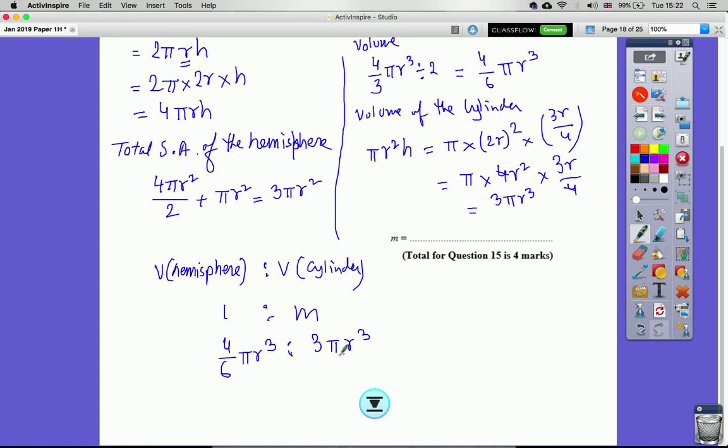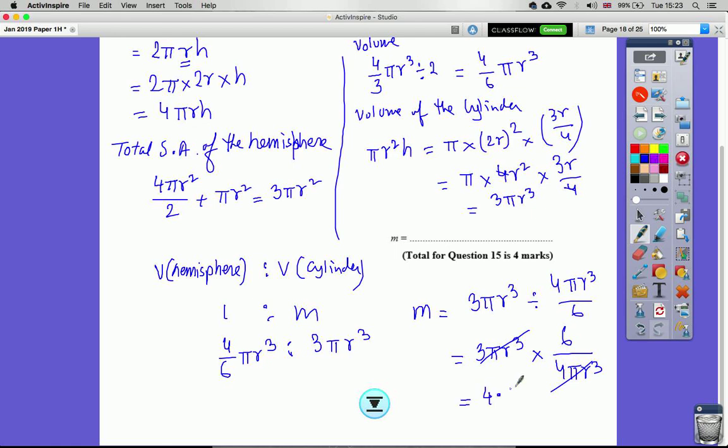If I want to find out the value of m, I have to divide both of them by 4/6 pi r cubed. So m is going to be 3 pi r cubed divided by 4 pi r cubed over 6, or 3 pi r cubed times 6 over 4 pi r cubed. The pi r cubed cancels out. 3 times 6 is 18. 18 divided by 4 gives you 4.5. So the value of m is 4.5.